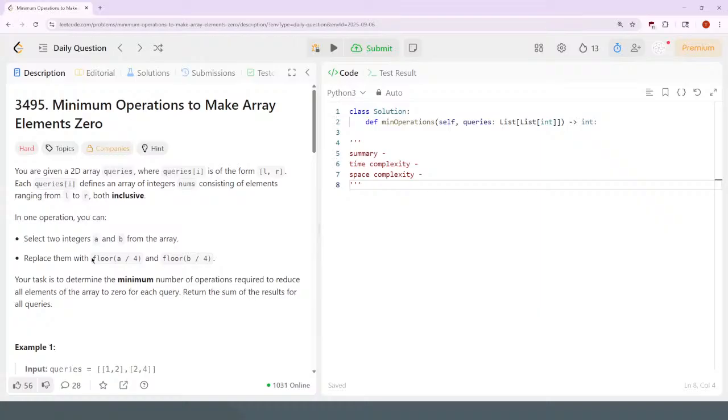It's not going to be quadratic. It should probably be linear, I'd say.